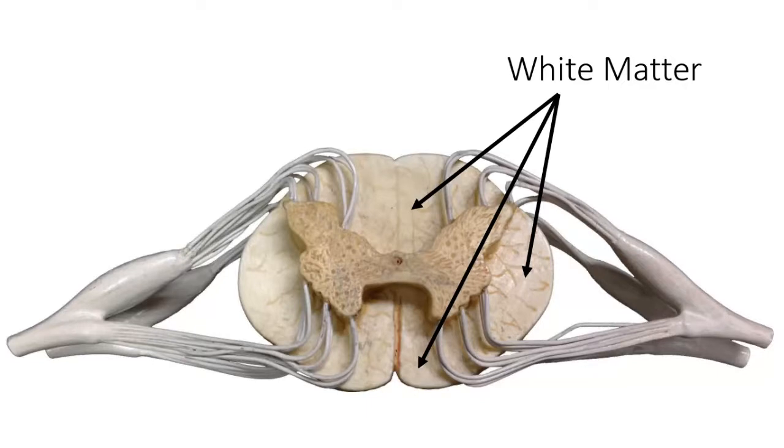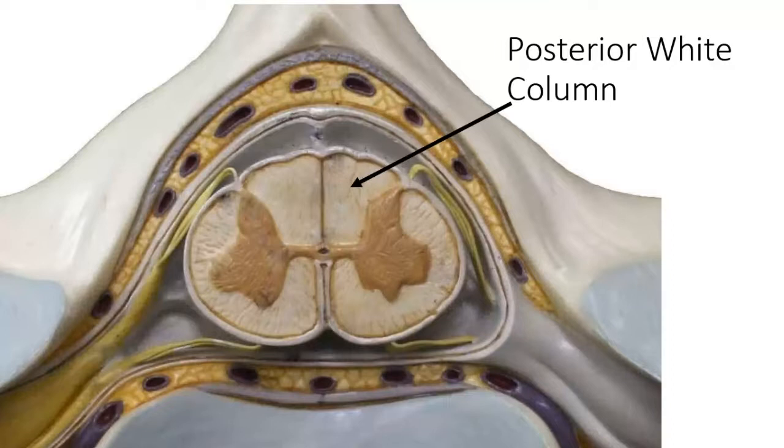Myelinated axons. On the back portion here is what we call the posterior white column. Now I know in lecture I was calling it the funiculus, but for lab, in your lab manual, this is what we're going to be using as our terms. Posterior white column.